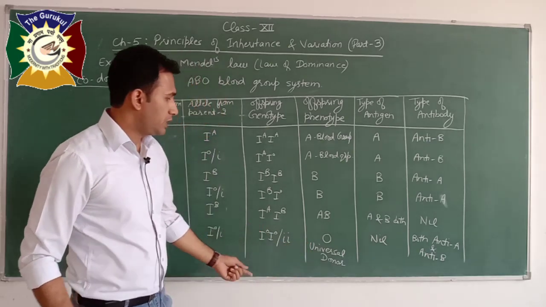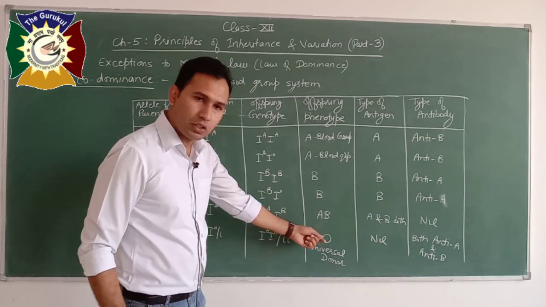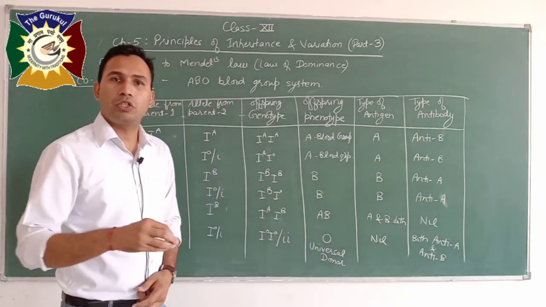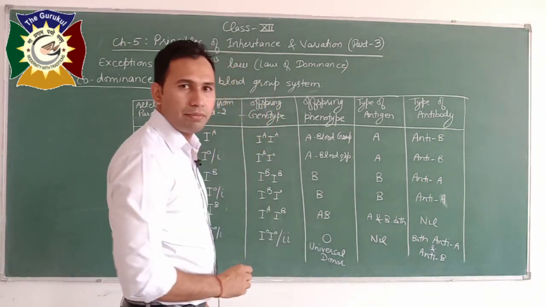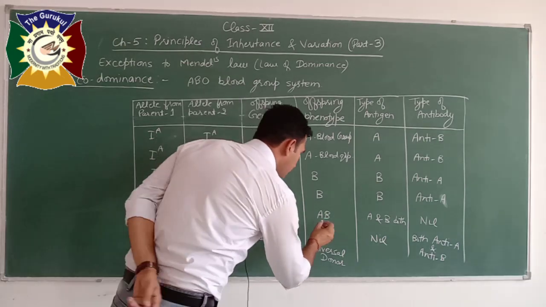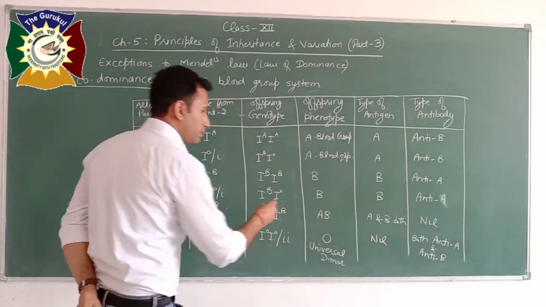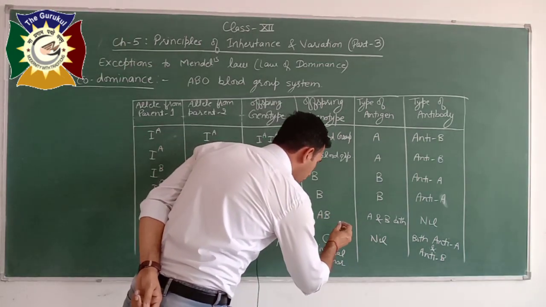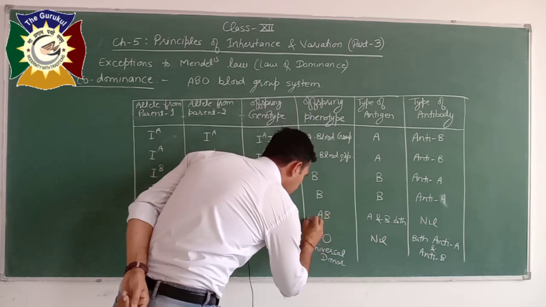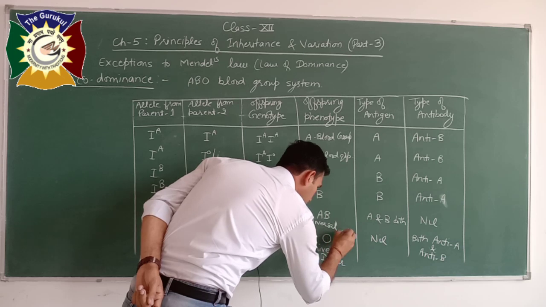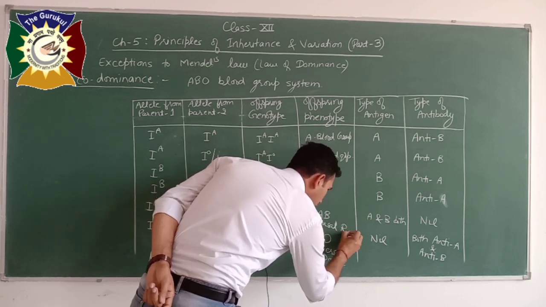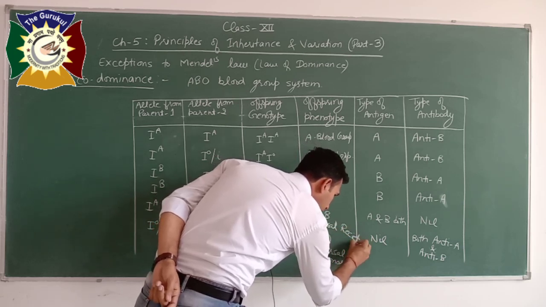The person who has O blood group can donate blood to any person, while the person who has AB blood group can receive from all types of blood groups. So this is called universal recipient.